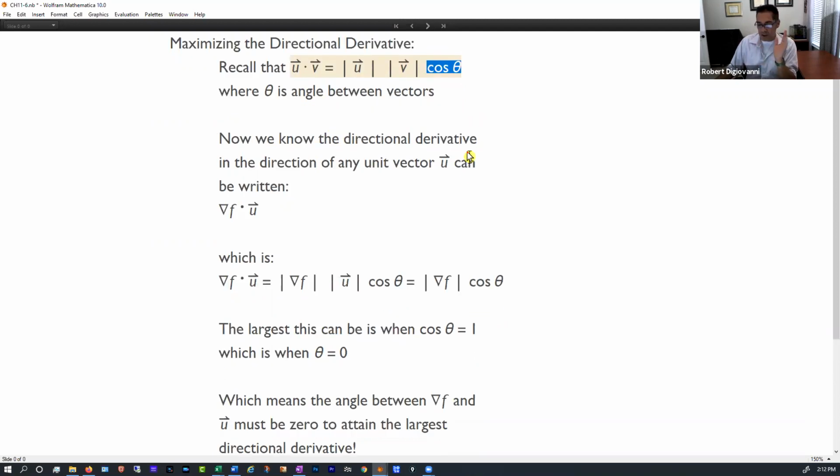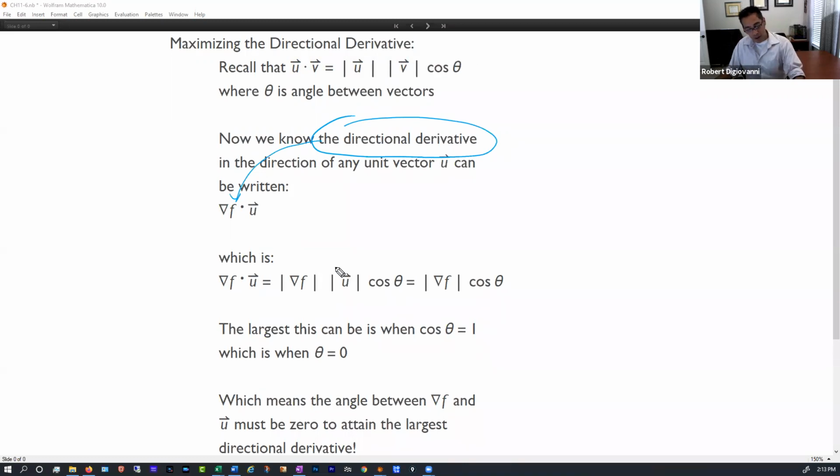But for some strange reason a moment ago, I said, hey, the directional derivative, we could, if we want, look at it as a dot product. And the reason I did this is because if we look at it as a dot product, then using that formula, this just becomes the magnitude of the gradient vector times the magnitude of u times cosine of theta, right?